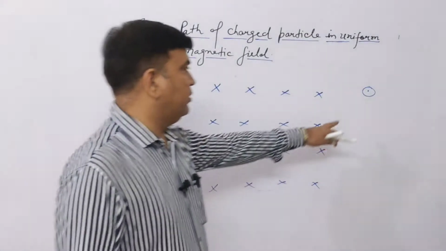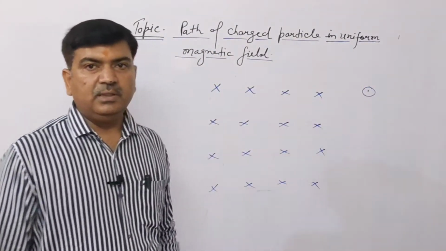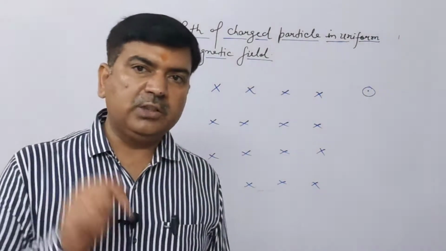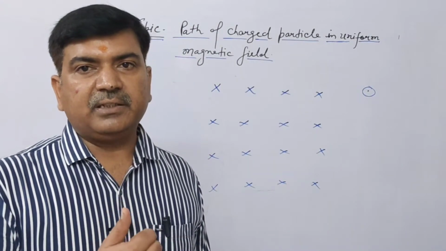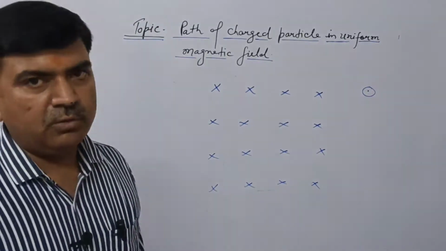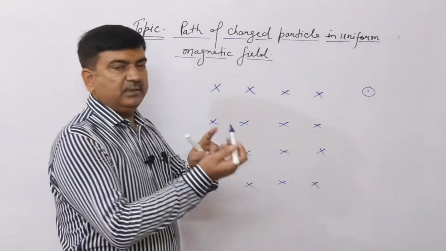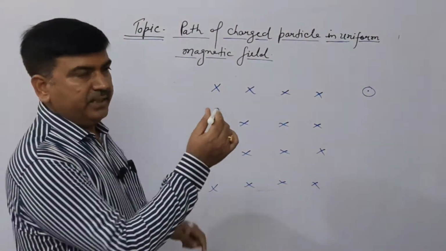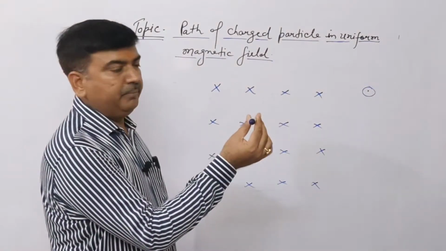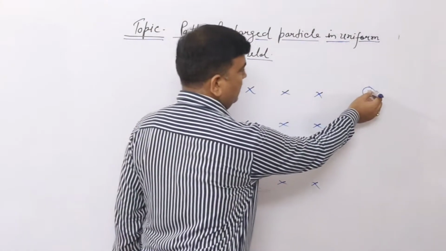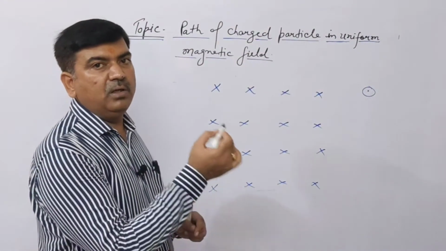And if dot, dot is given everywhere in place of cross, then the magnetic field is in the direction just opposite, perpendicular to the surface and outward from the surface. So cross means perpendicular to the surface, inward, and dot means perpendicular to the surface, outward.